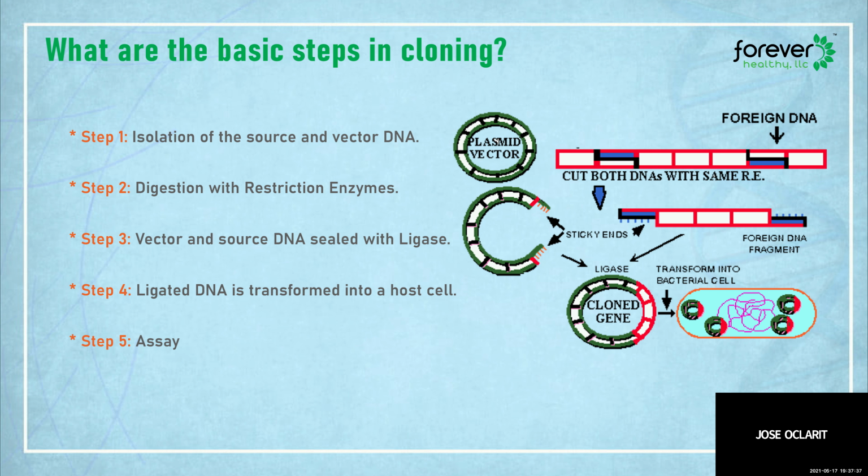Since the plasmid is also cut by the same restriction enzyme, you're assured that your foreign DNA can now be inserted or connected to your vector. You see there, the sticky ends of the vector and the sticky ends of the source of DNA are now the same, so they can pair together and can now be inserted.